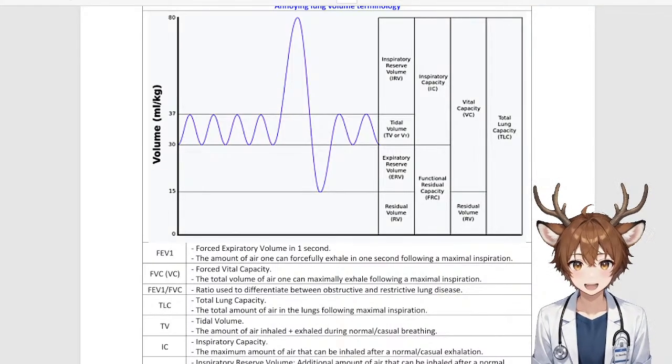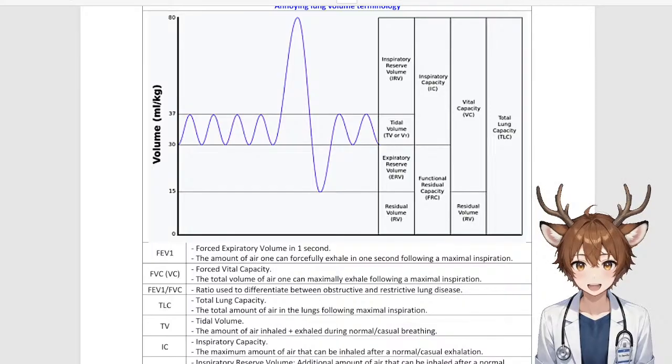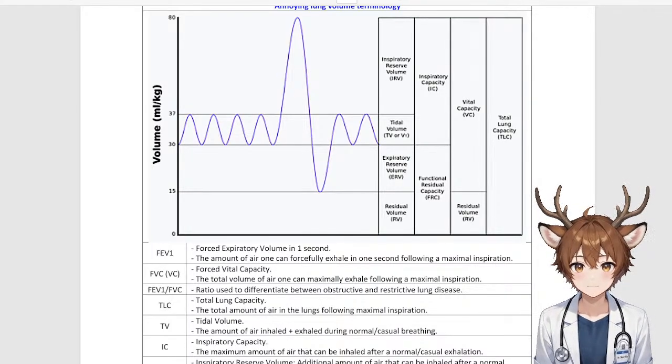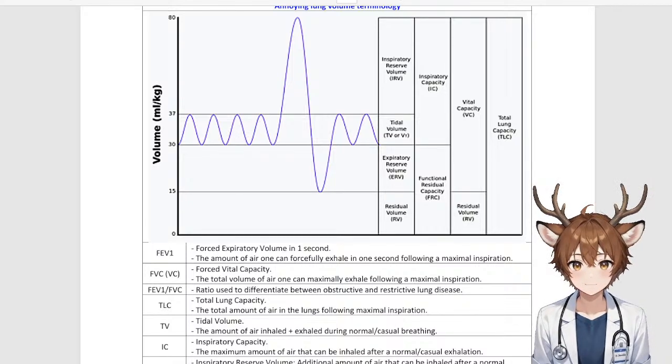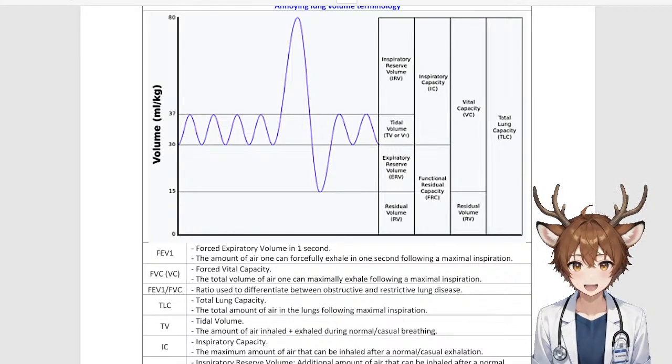So let's say you have an obstructive lung disease. You can breathe in, so the forced vital capacity is high, but the FEV1, the forced expiratory volume in 1 second, is low, because it takes a lot more time, because it's obstructive, to get air out of your system.